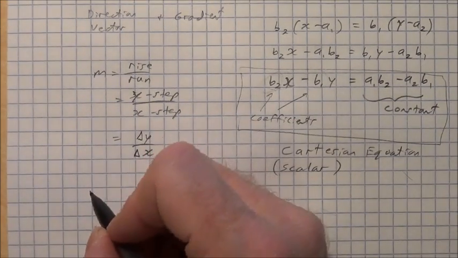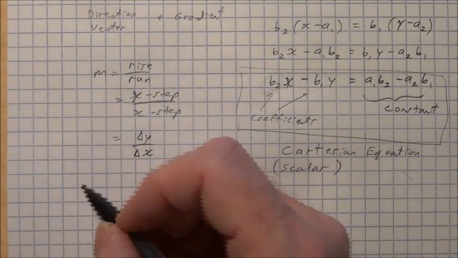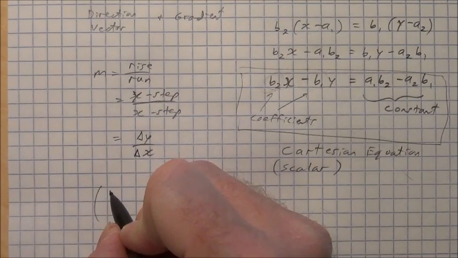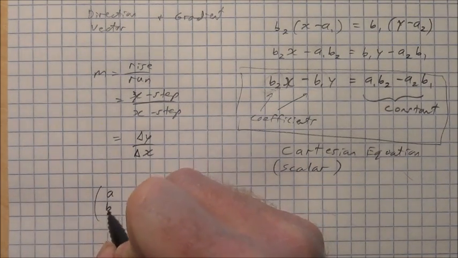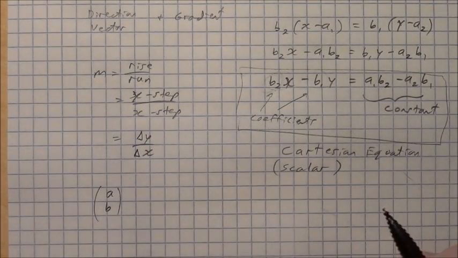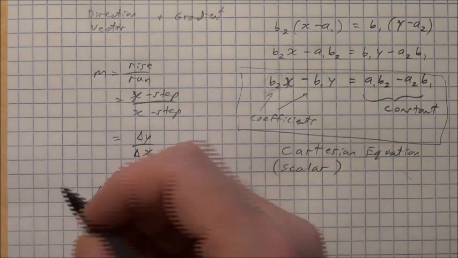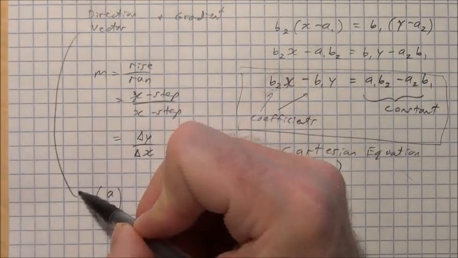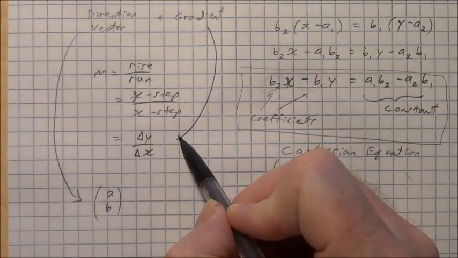And the direction vector that we looked at before was (a, b), or (b1, b2). So this is the direction vector, this is the gradient.